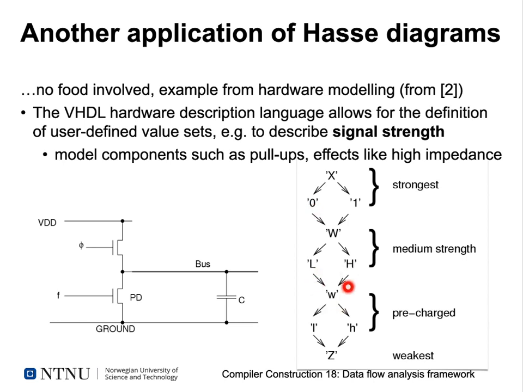Then we have another so-called pre-charge level, so if there's already a charge on the line, we can still define this. And finally, we have high impedance. So whenever there's a signal combining, for example, a 0 and a high impedance signal, then the 0 always wins because the 0 has a relation that's above the Z in our diagram here.